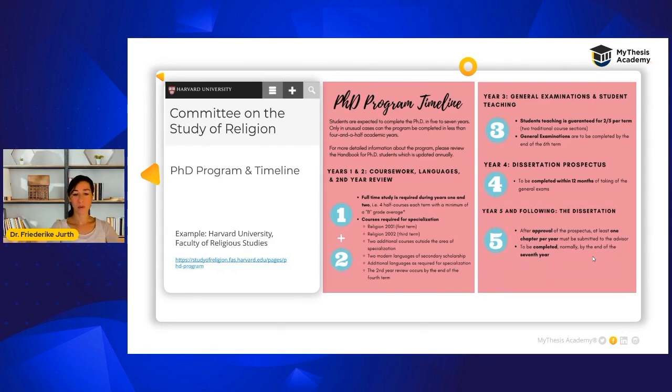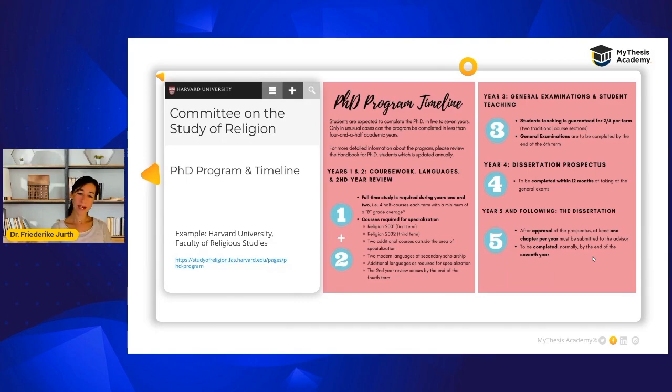Here you can also see that it is split in 4 main episodes, and that you have the first and the second year together, which is basically for coursework, for languages, and which is finished with a second year review.